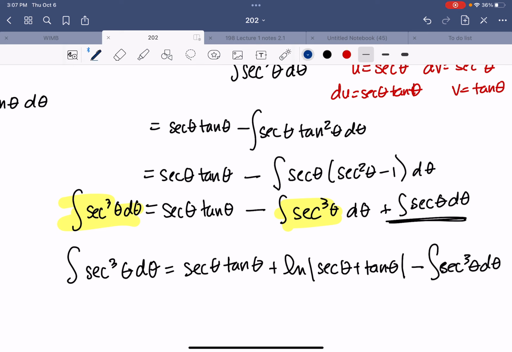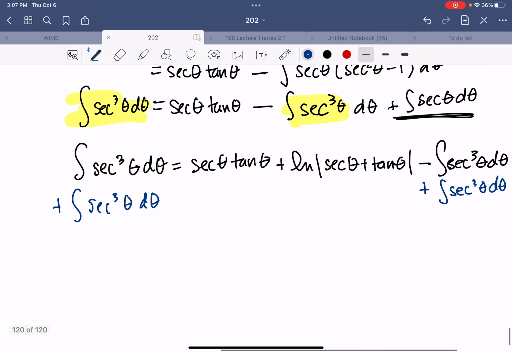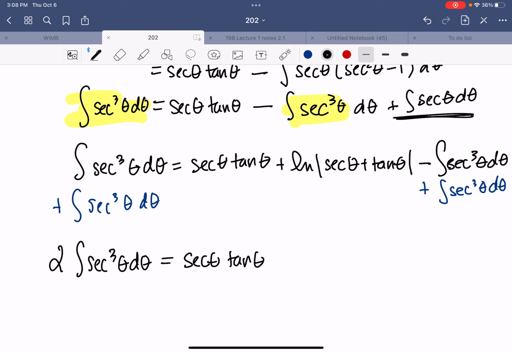And when we've been in this situation before, what we do is add this integral to the other side. And we get 2 integral secant cubed theta d theta, and that is equal to secant theta tangent theta plus the natural log of secant theta plus tangent theta.